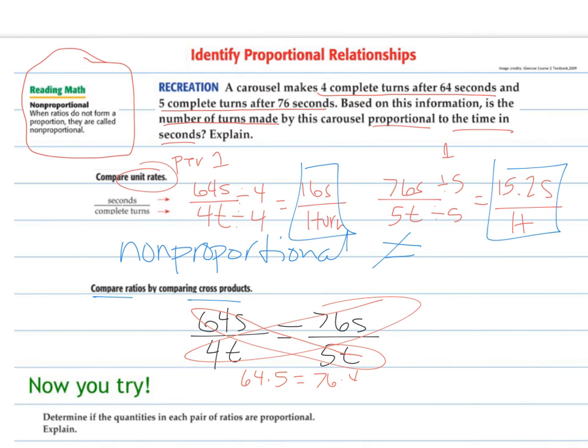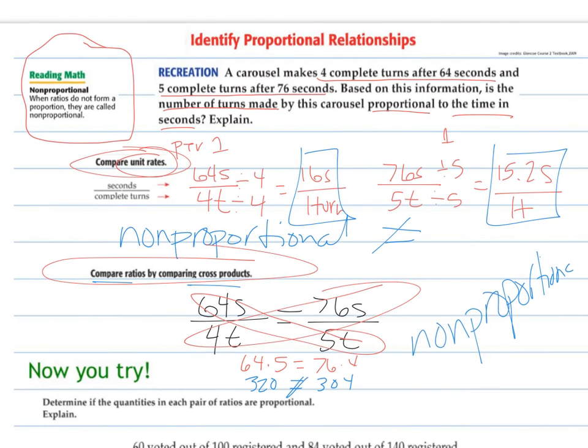What I get when I do that is 320 should be equal to 304. And that's not true. So therefore, they are non-proportional again. So 2 methods: comparing unit rate or comparing with cross products.